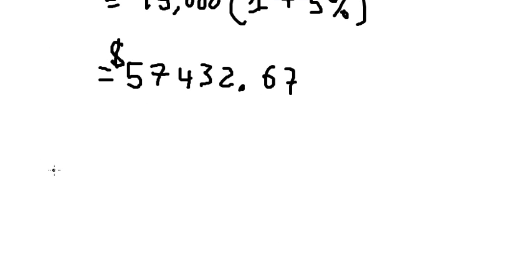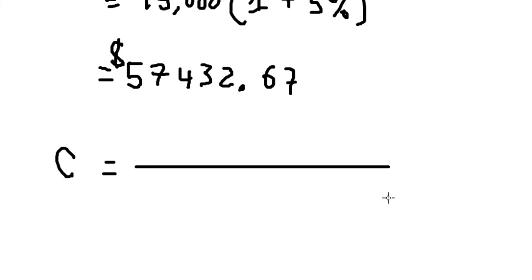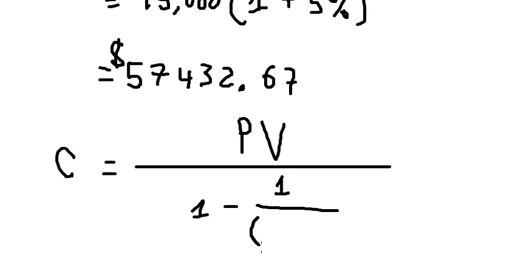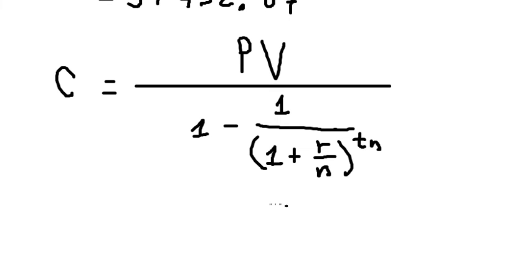So we need to use the compound formula in here. The formula of this one, we have the present value divided by 1 minus 1 over 1 plus r over n to the power of tn, over r over n.